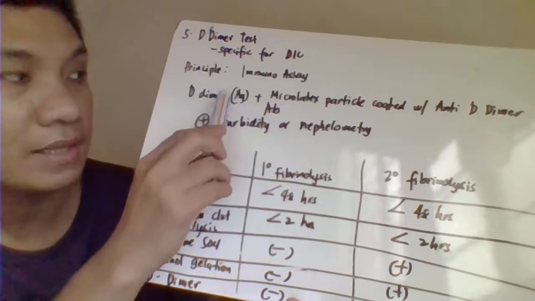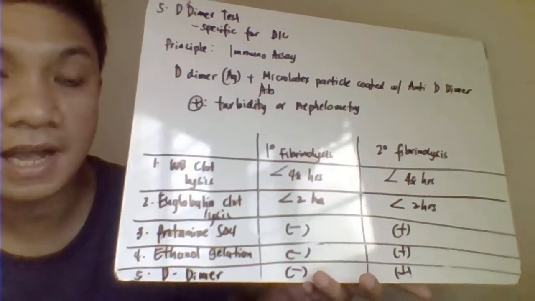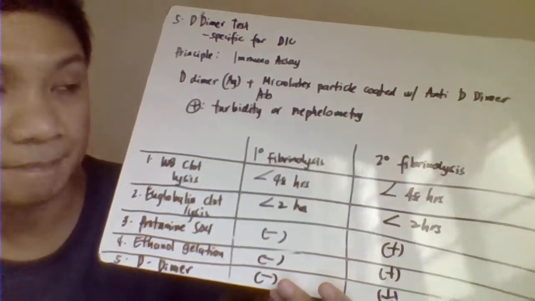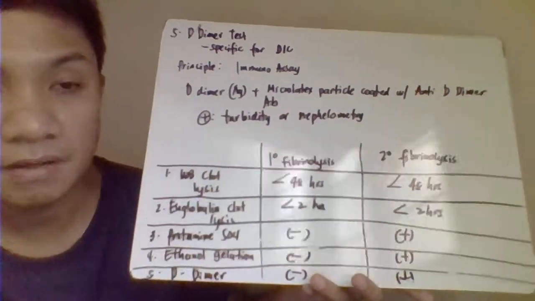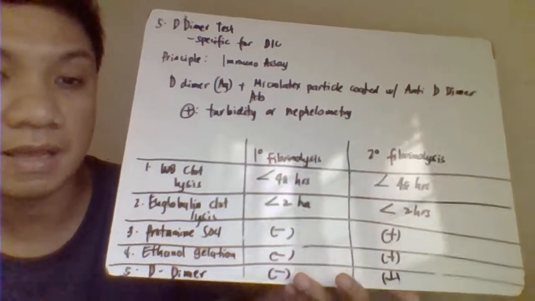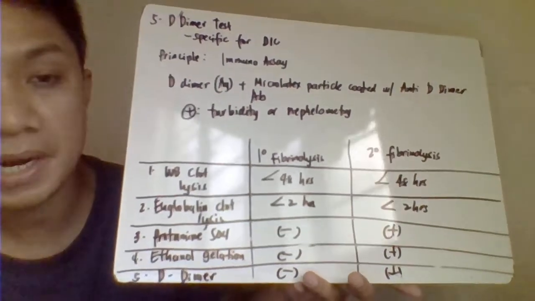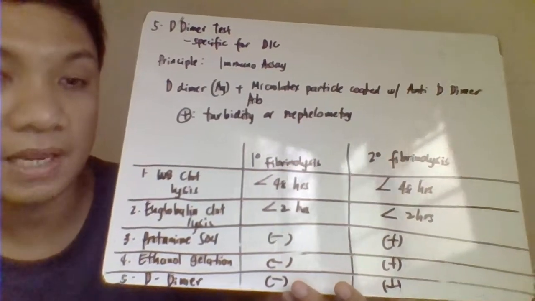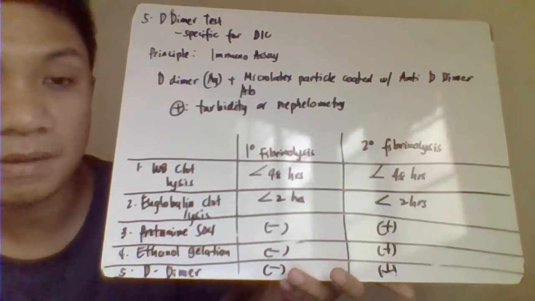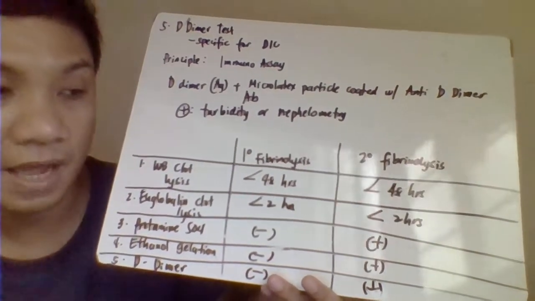So D-dimer is your antigen, as your sample here, so for detection of that one, gagamit ka ng anti-D-dimer antibody. Your agent is in the form of micro-latex particles coated with anti-D-dimer antibody. Positive results show turbidity, or even light scattering with nephelometry. So the more turbid your sample, the more light being scattered, the higher the concentration of our D-dimer.